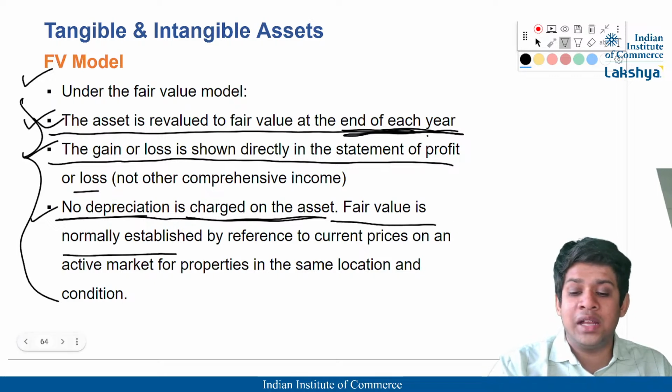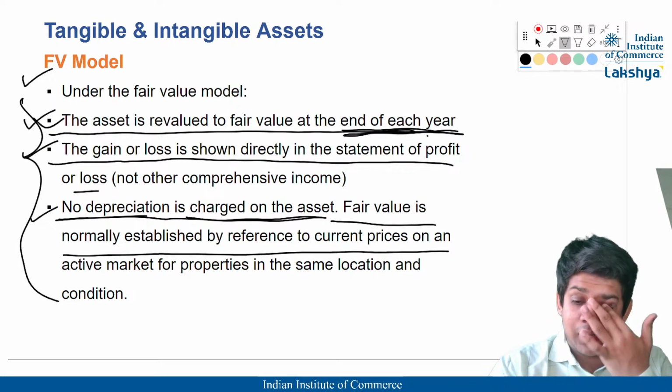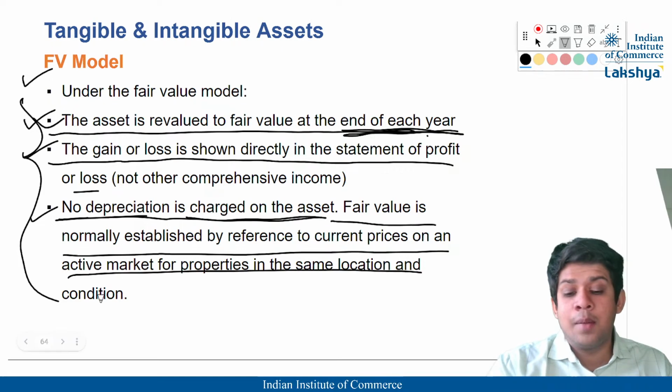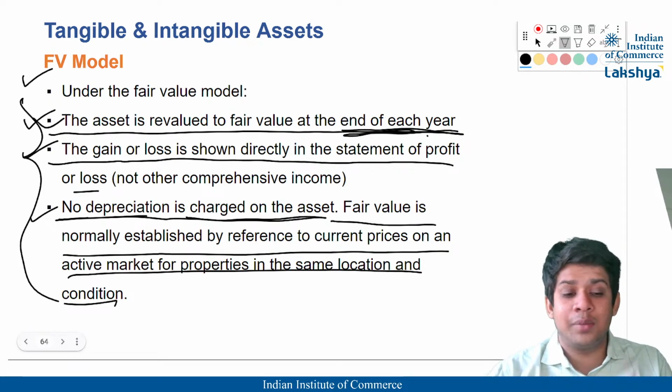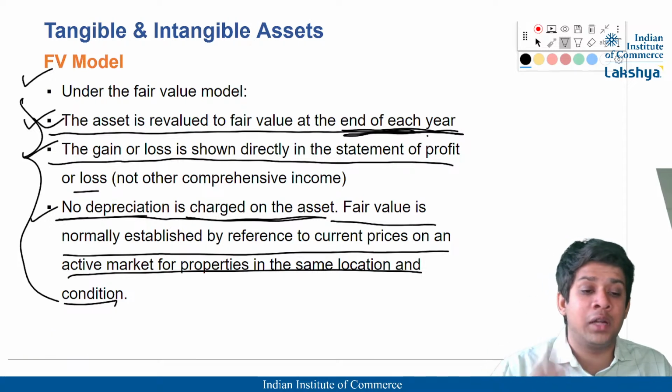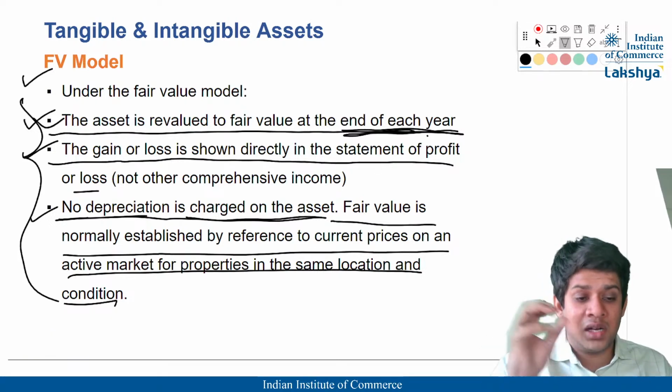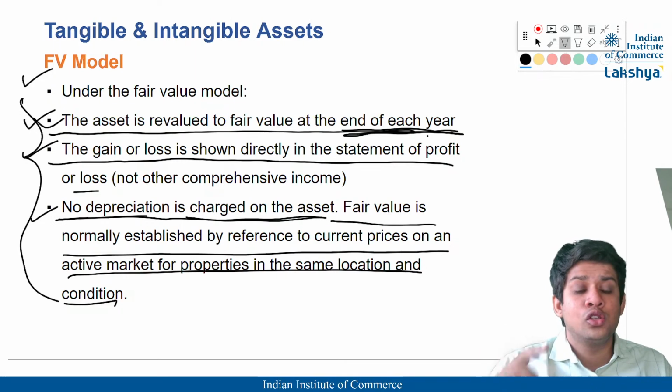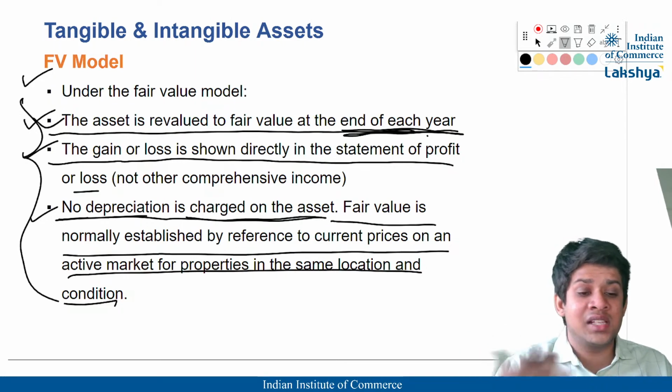Fair value is normally established by reference to current prices on an active market for properties in the same location and condition. So technically, how do I determine the fair value? Maybe say a property is located in a specific area of London. What is the area like?